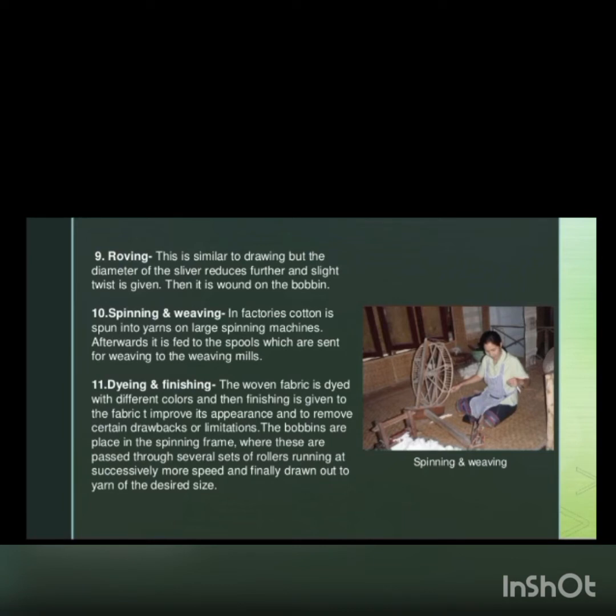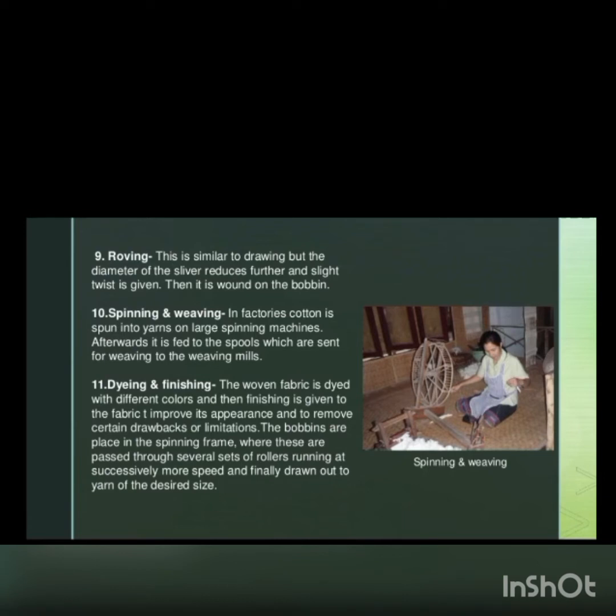Then next is spinning and weaving. In factories, cotton is spun into yarns on large spinning machines. Afterwards, it is fed to the spools, which are sent for weaving in the weaving mills. If the fiber is used as such, then it is sent for dyeing and finishing.